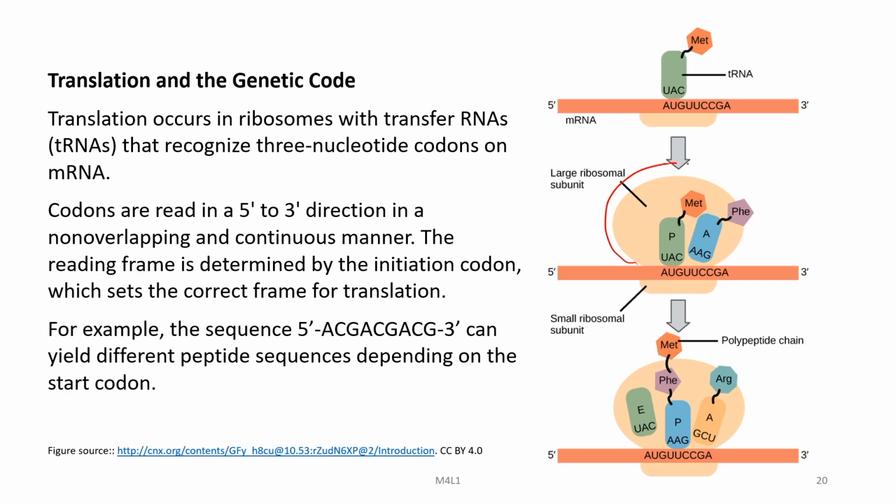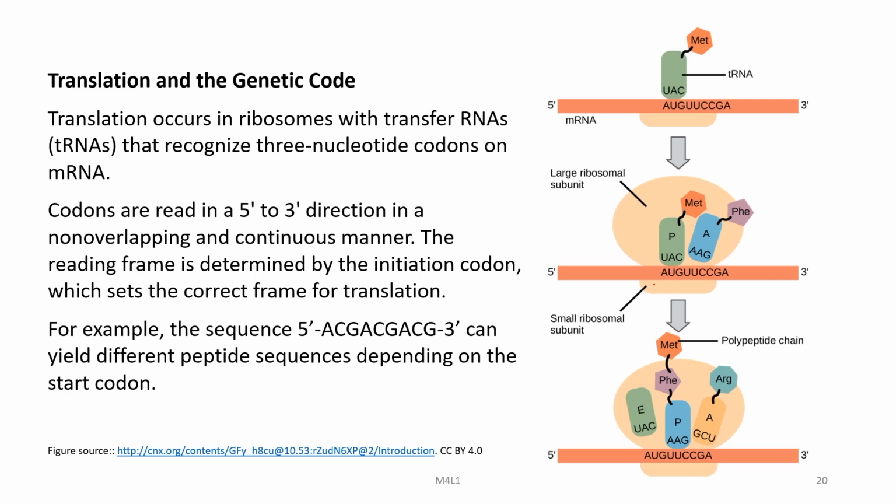This is the large ribosomal unit and this is the small ribosomal unit, and then we have the tRNAs bringing in the amino acids, and there are these anticodons which will identify the triplet codons on the mRNA by complementarity.